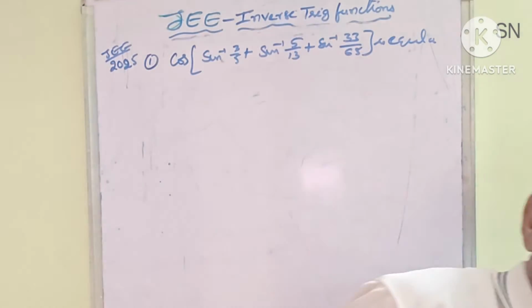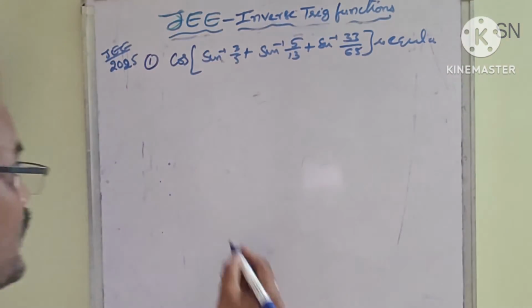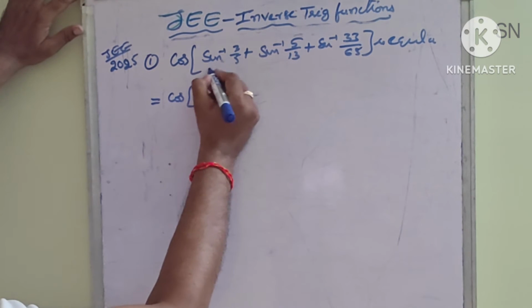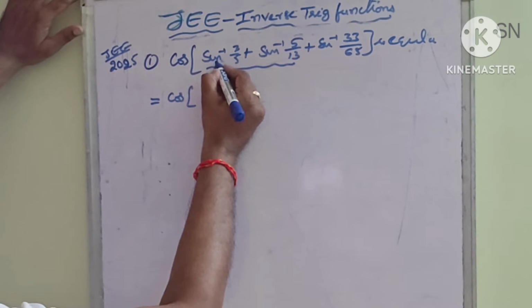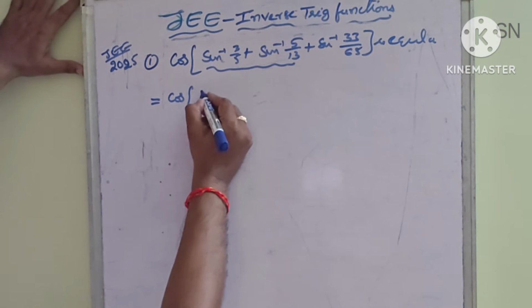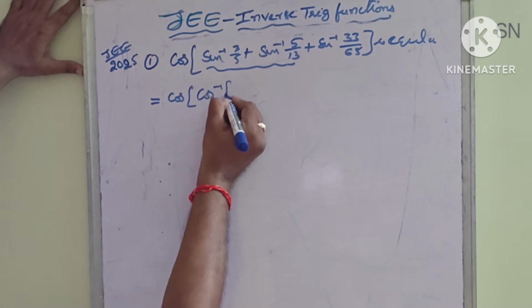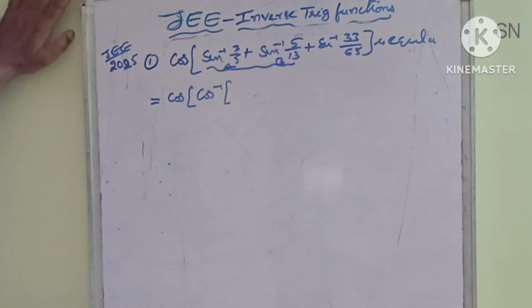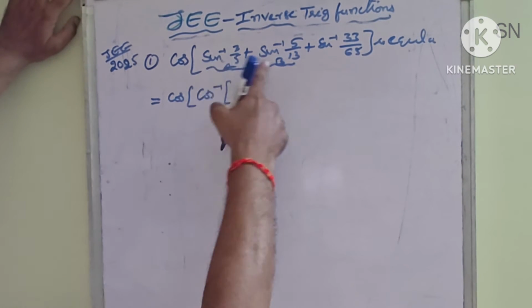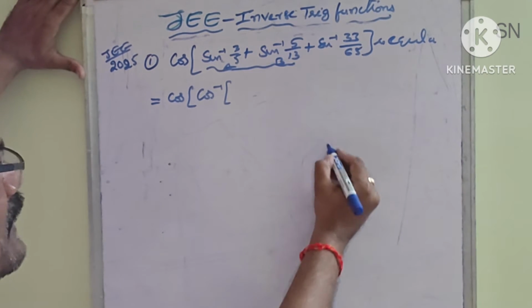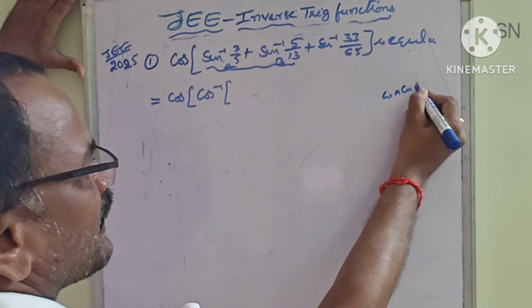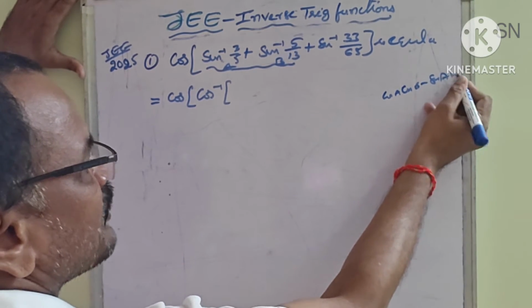So now here cos of, now in these two, sin inverse x plus sin inverse y, this is A, this is B, now A plus B. So it is cos of A plus B. We know the formula: cos of A plus B is cos A cos B minus sin A sin B.